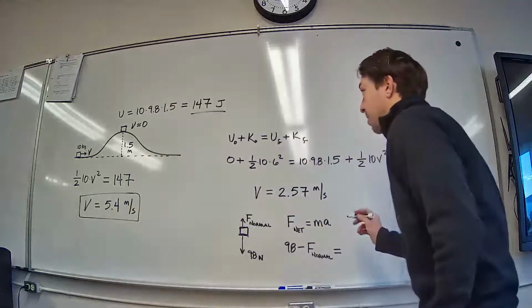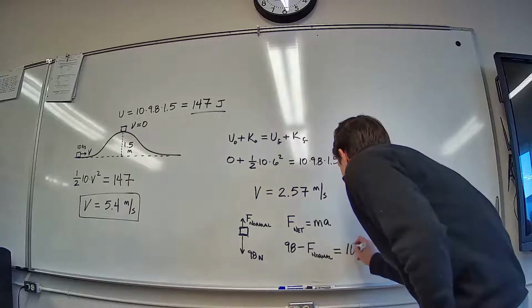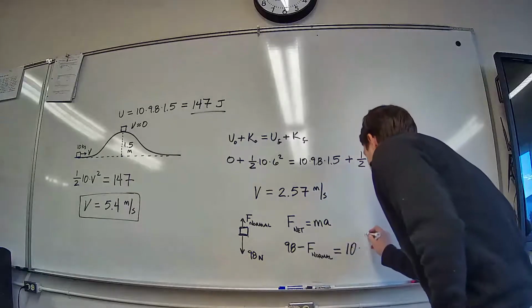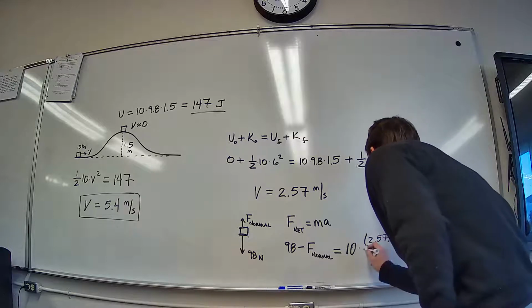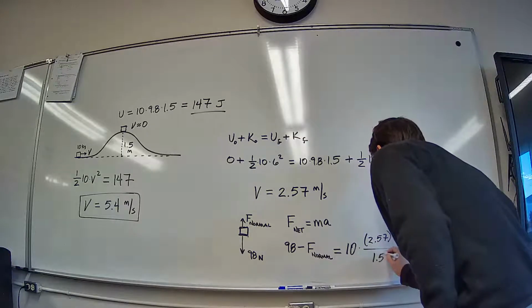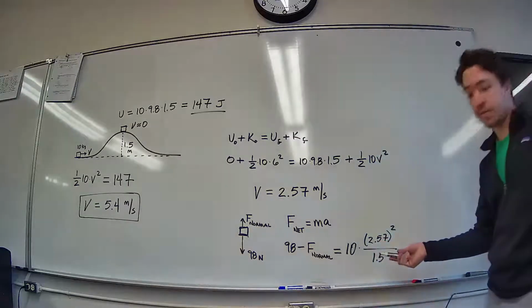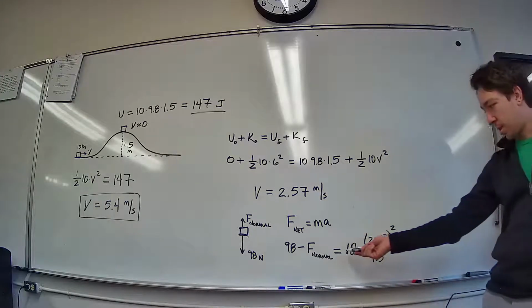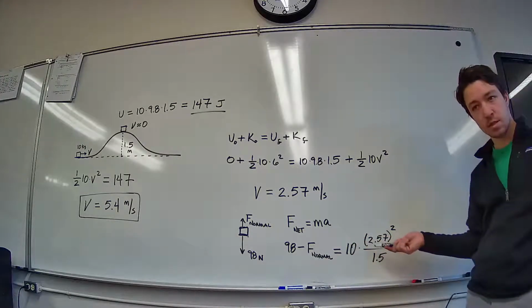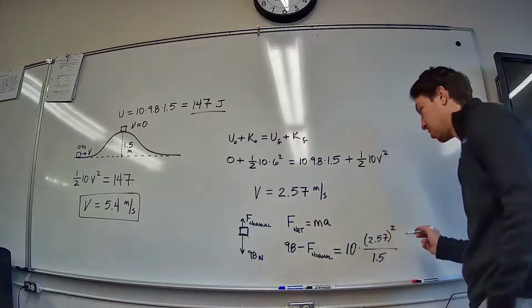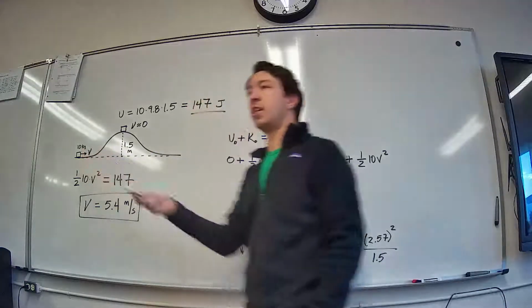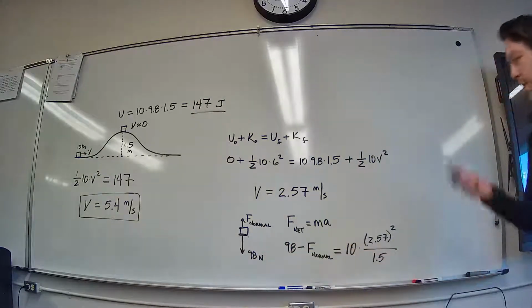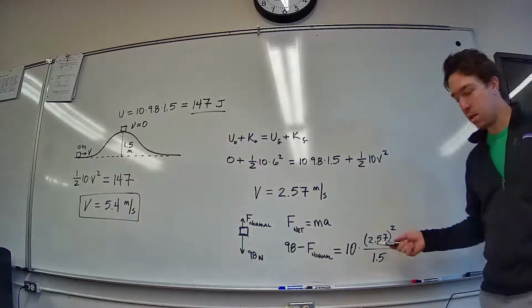So the mass is 10. Acceleration is v squared over r. It's called centripetal acceleration. Are y'all cool with this? So he's 10 kilograms, mg, so 10 times 9.8.